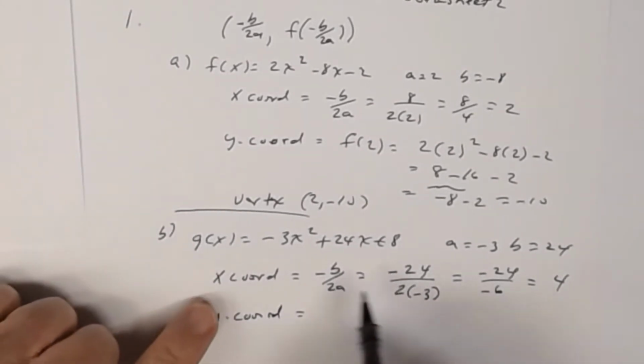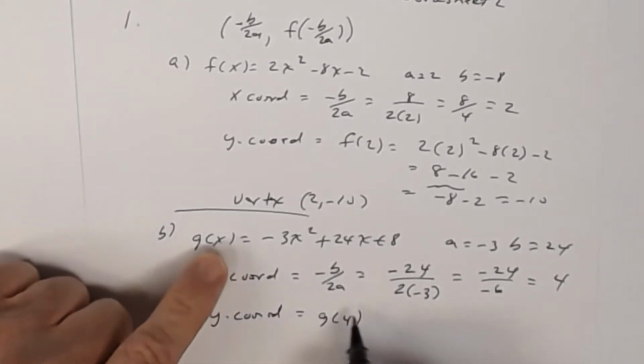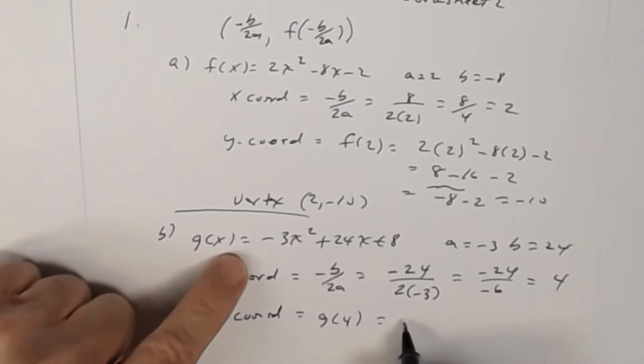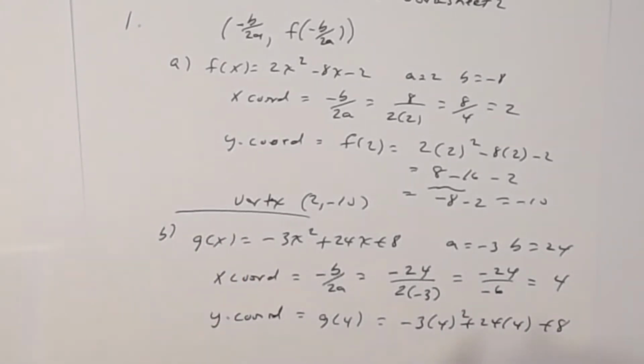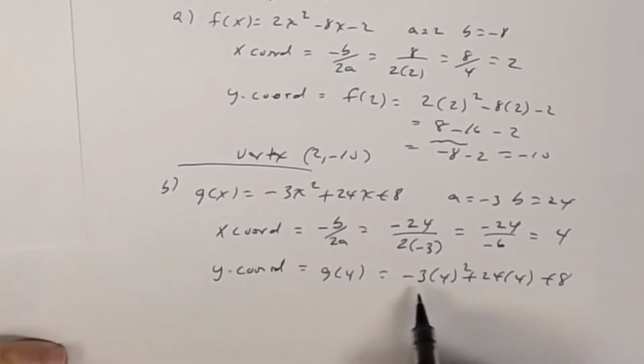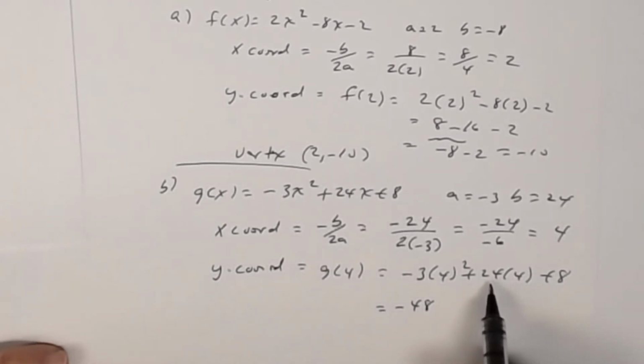And so to find the y coordinate, you're going to substitute that in place of x. So we're going to find g of 4, since my function is g. And so you're going to say negative 3 times 4 squared plus 24 times 4 plus 8. And so 4 squared is 16, right? And then 16 times a negative 3 is a negative 48. And then 24 times 4 is a positive 96, and then plus 8.